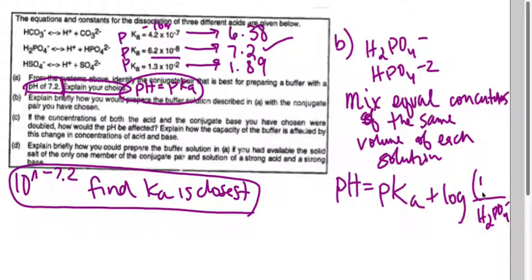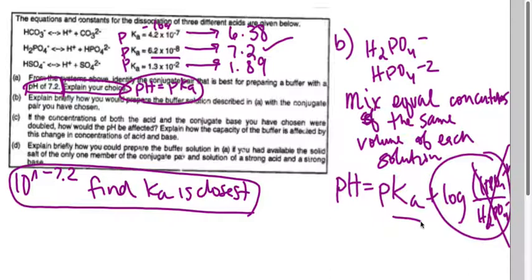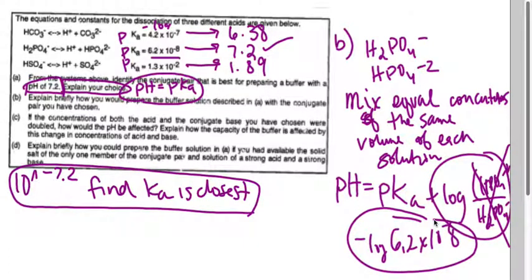As long as you show that you know those cancel, I would just do that. And then by doing that, you would prove your point and say that the negative log of that 6.2 times 10 to the negative 8th is equal to the 7.2. All of that stuff is saying the same thing. Is everybody good so far?